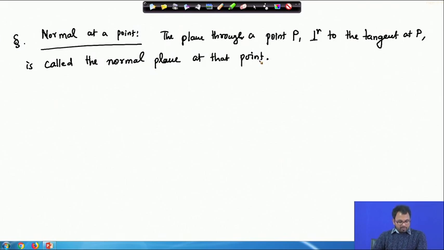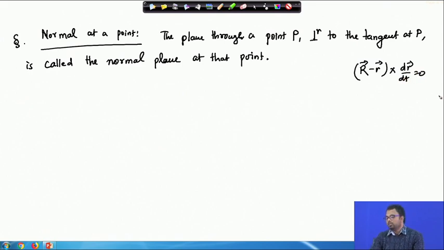All right, so let us see how we can express its equation. We know that the equation of the tangent line is given by (R − r) × dr/dt = 0.